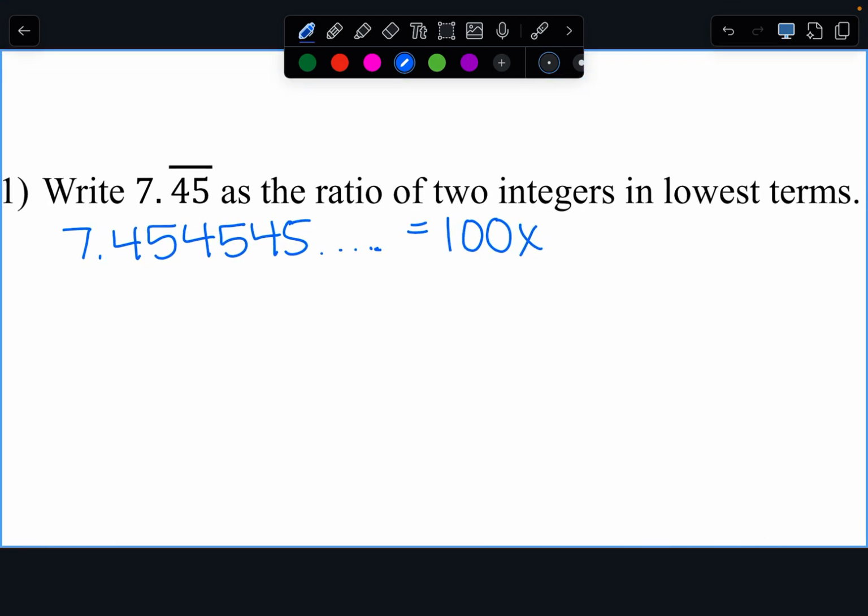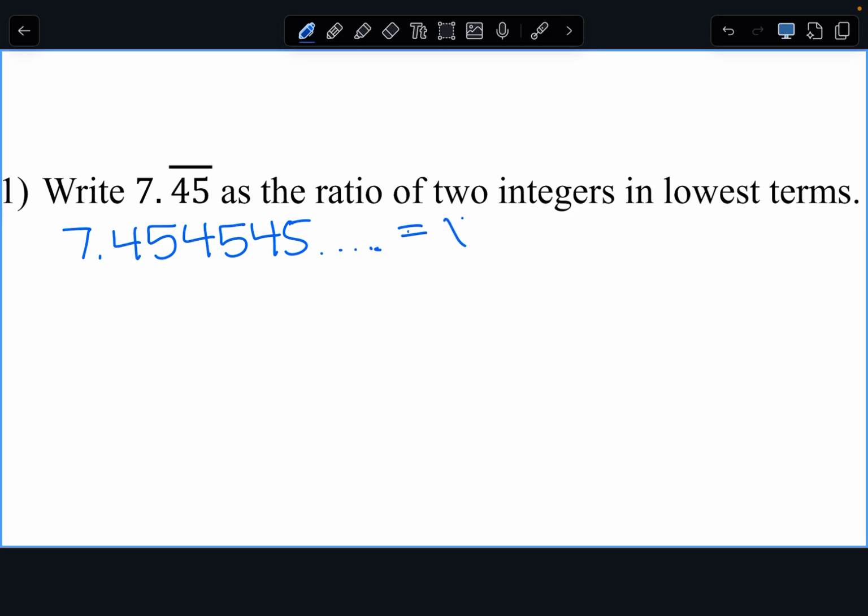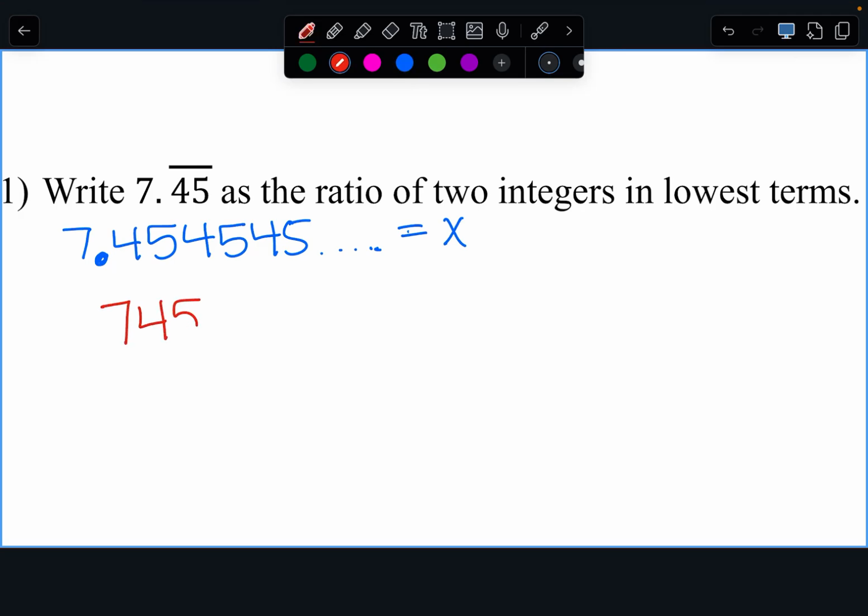All right. Well, let's get rid of that. Let's assume that this is equal to x. This is our number, right? If we have 745.4545 repeating equals 100x.